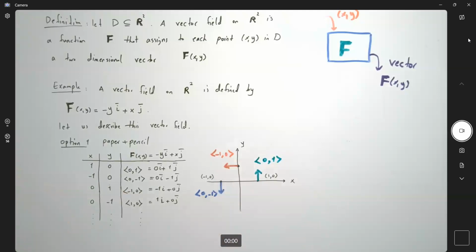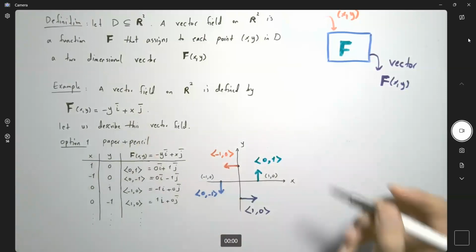And finally, at the point 0 and -1, which is this point here, I have vector 1 and 0. Here we go. Again, if you have time, you can continue adding more vectors to this vector field and analyze the behavior of this vector function.